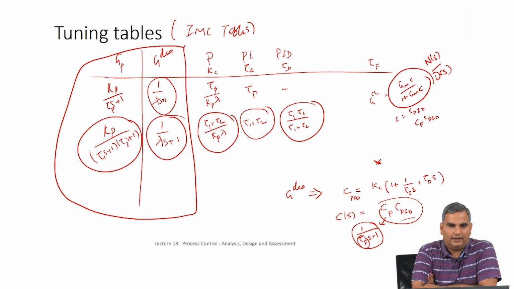Just a quick recap. We started with the notion of control. Then we talked about the notions of open loop and closed loop control, and why we need closed loop control. We talked about servo control and regulatory control or disturbance rejection control. And then we said for doing control you need models. We first looked at physical systems and how you model them.